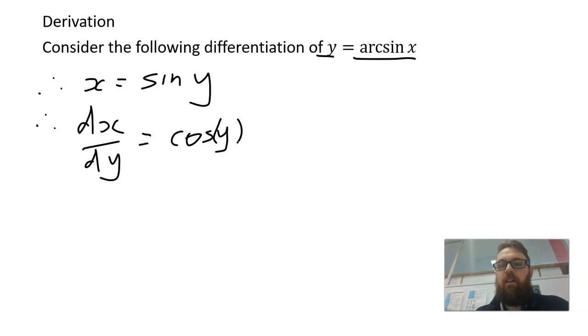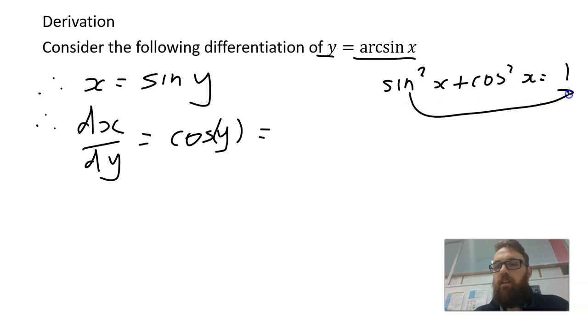Next step, we've got to recognize, just to remind ourselves, that sine squared x plus cos squared x equals 1. All right, so if we rearrange this, if we get our cosine by itself, we can say that this thing is equal to, move our sine over here and take a square root, the square root of 1 minus sine squared of y.